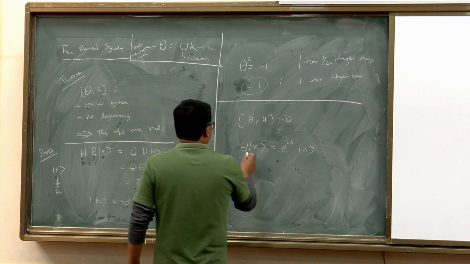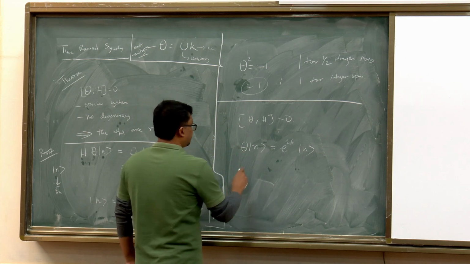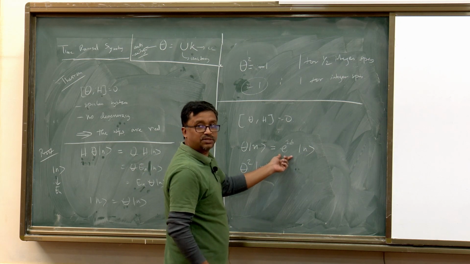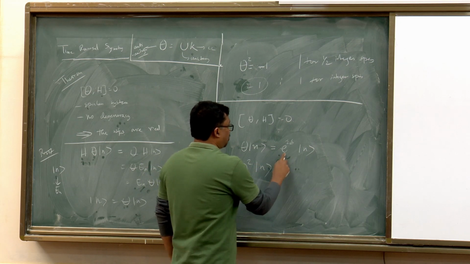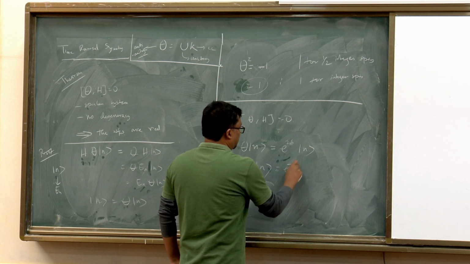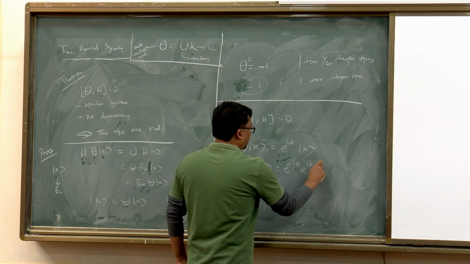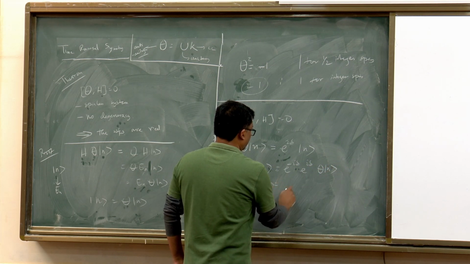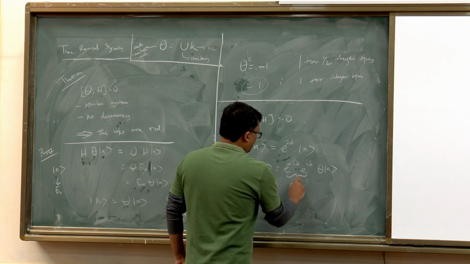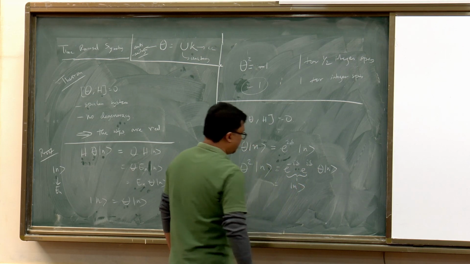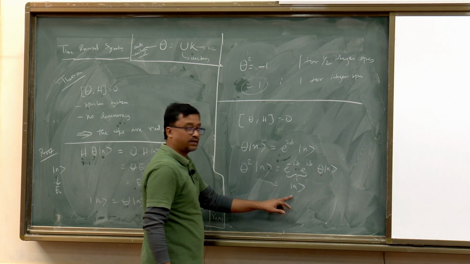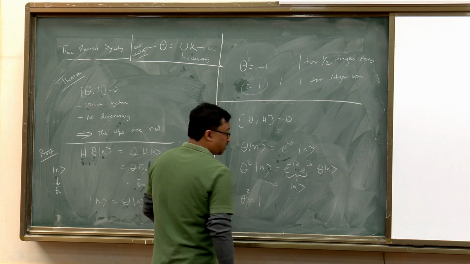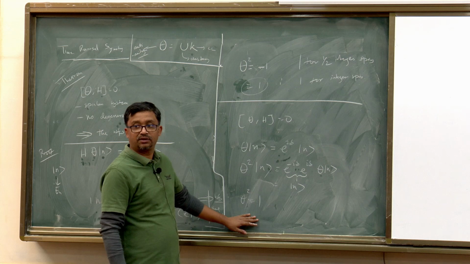Now, if I operate theta on that, theta squared, then of course you will get the complex conjugate of this, and the product of that. So, you get minus e to the i delta over e to the i delta times theta n. This gives 1 and this is n, because theta n is equal to n, which means that theta squared equals 1, which is not possible.